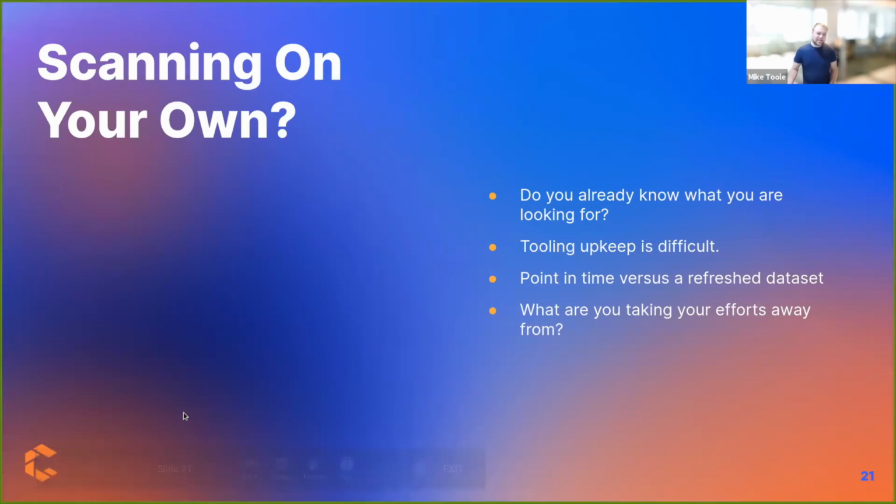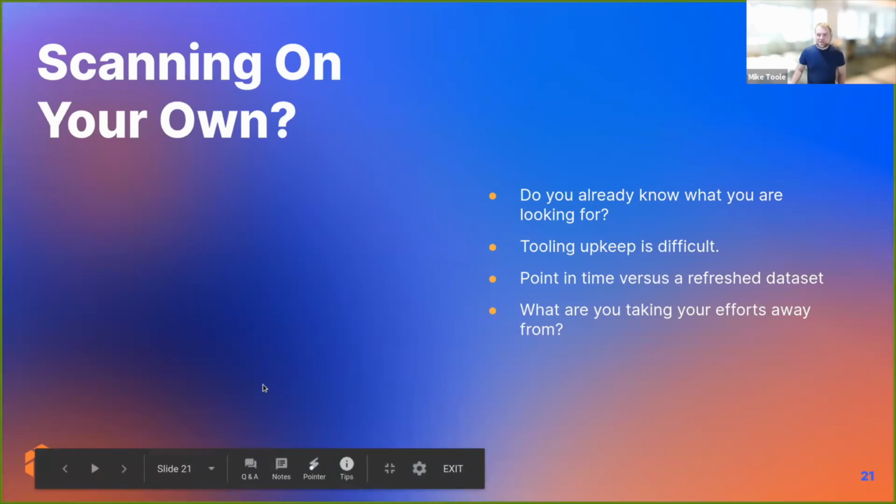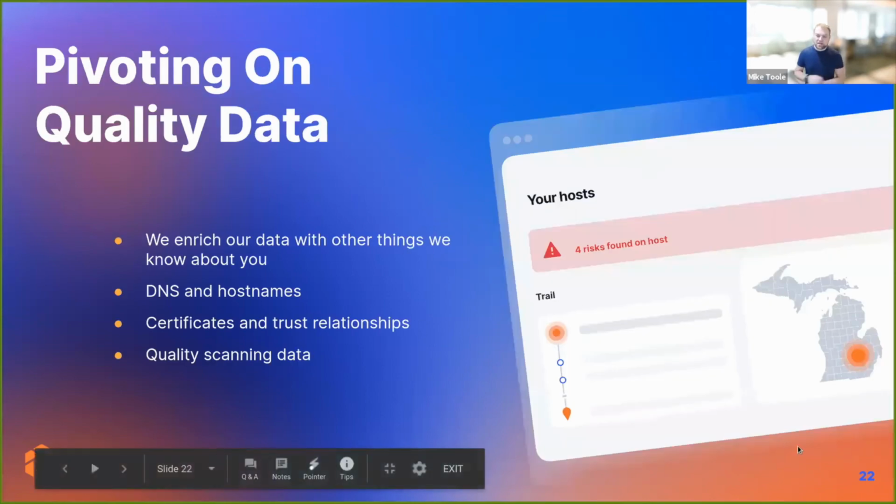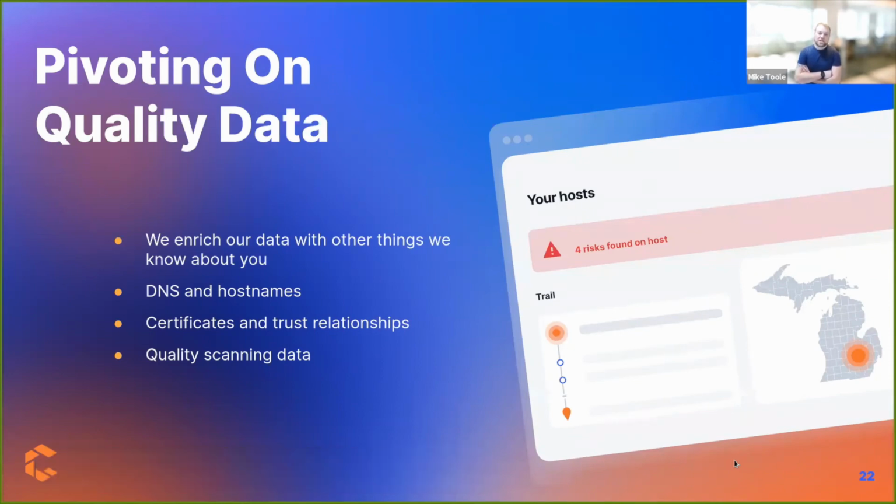So we offer a few things within our ASM platform, and you're gonna see we have this great data set, right? We're doing other things on top of it, so we pivot on top of that quality data.